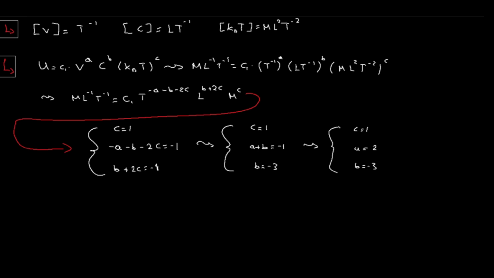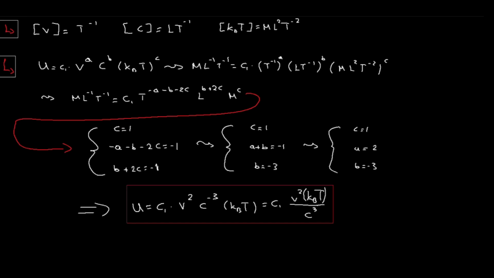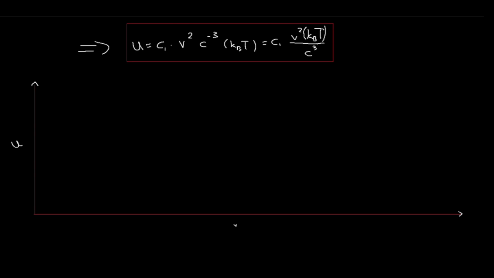Putting everything back together, we find that the spectral energy density equals C1 times frequency to the power of 2 times kB times T divided by the speed of light cubed. We have just derived the classical prediction for blackbody radiation.